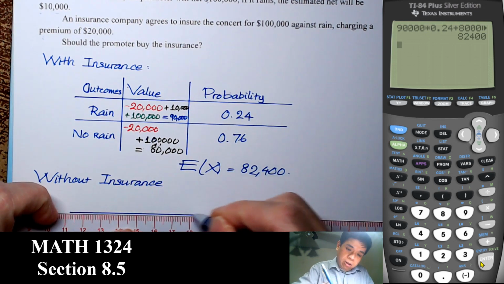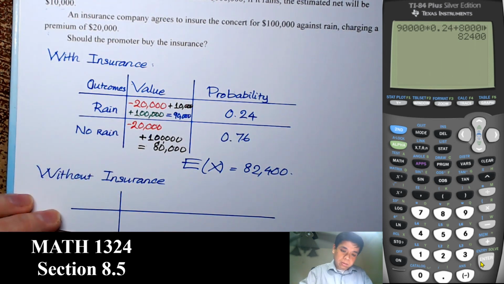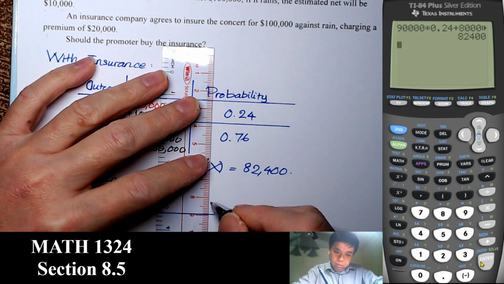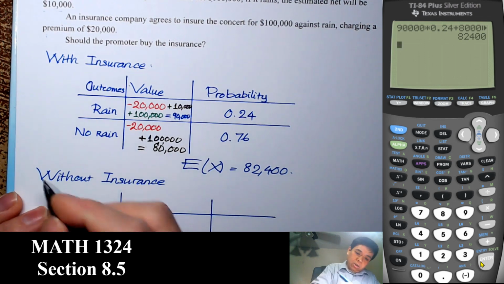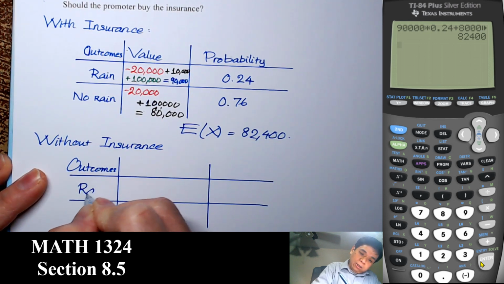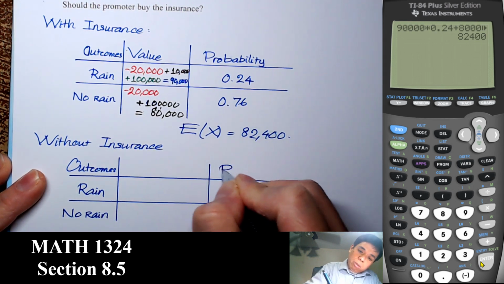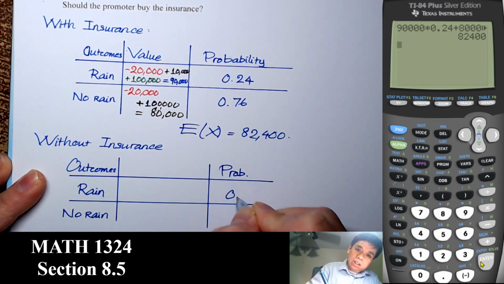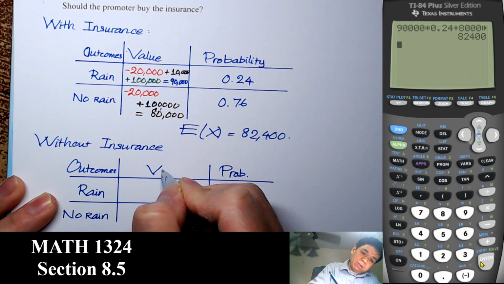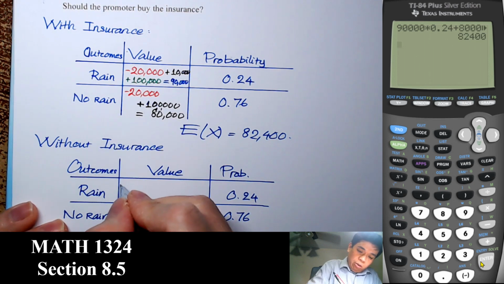Now without insurance, construct a similar table. Show the outcomes, rain and no rain, the probability of raining, not raining, and then the values. Okay, so you have the rain.